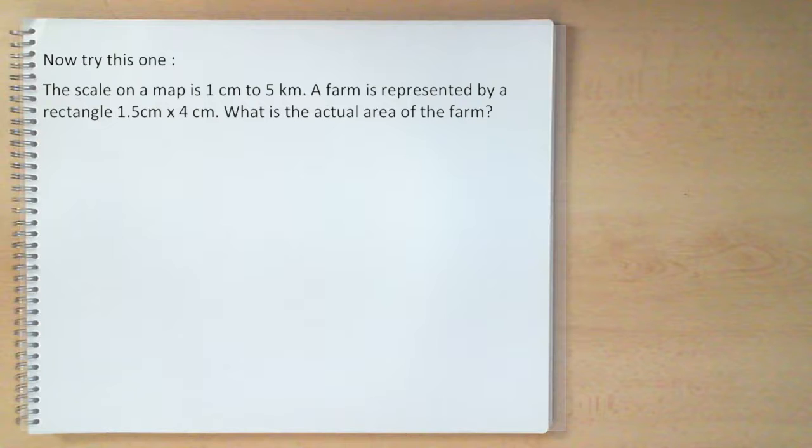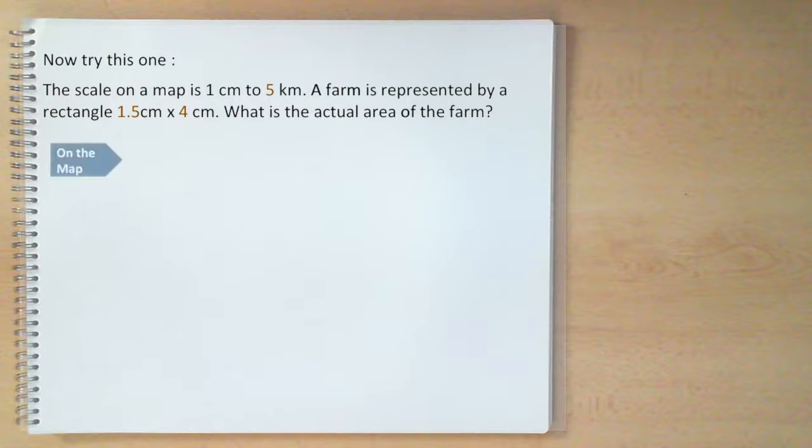Notice this is a really mixed up question. You've been given the ratio in two different types of units, centimetres and kilometres. You've been given the dimensions of the rectangle representing the farm, and then you're asked to work out the area. So you need to take note of what you've actually been asked here and the information you've been given. So let's draw it.